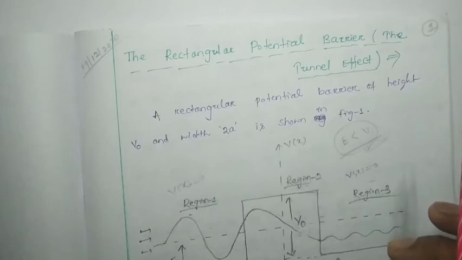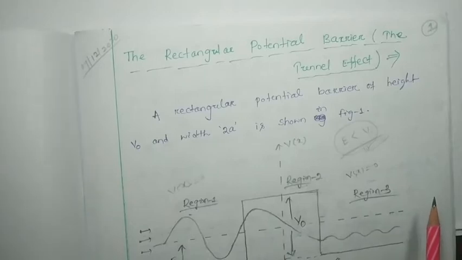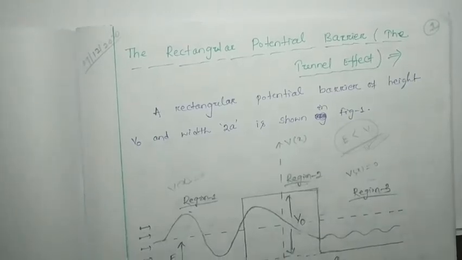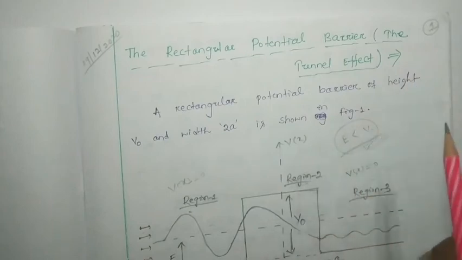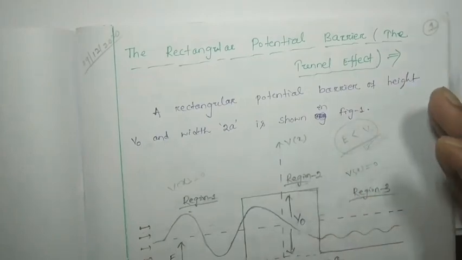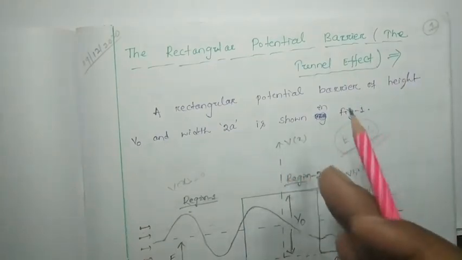So I suggest that you go through those two videos, write down the notes, and then watch this video, because in our part 2 video we derived half of the mathematical portion, and in this video we are going to start from there.